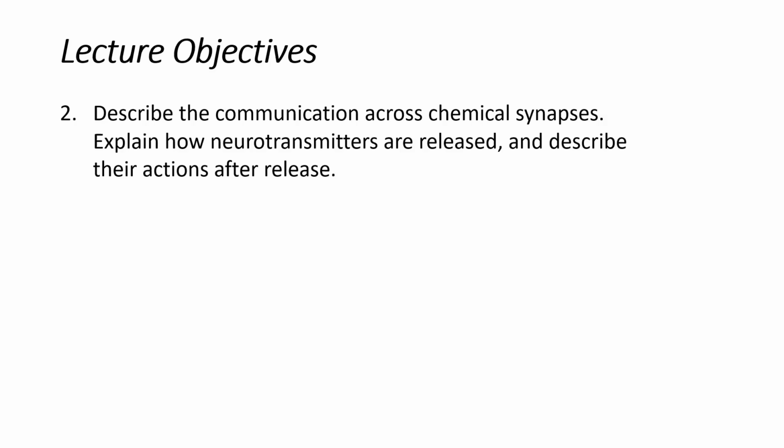So notice how there's a lot more steps involved, and that is why it's going to take a little bit more time. That is also why it's only going to travel in one direction. Okay, so our second objective, to describe the communication across the chemical synapses, explain how neurotransmitters are released, and describe their actions after they are released.